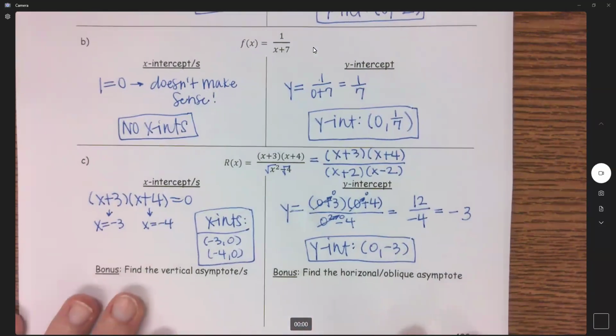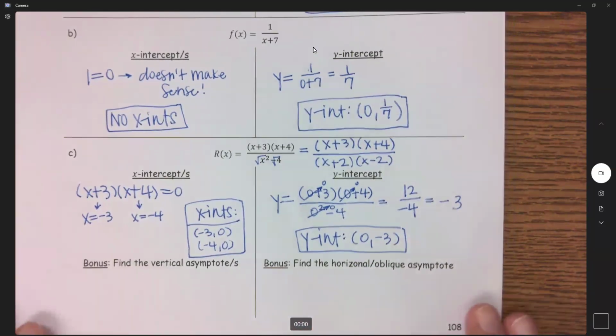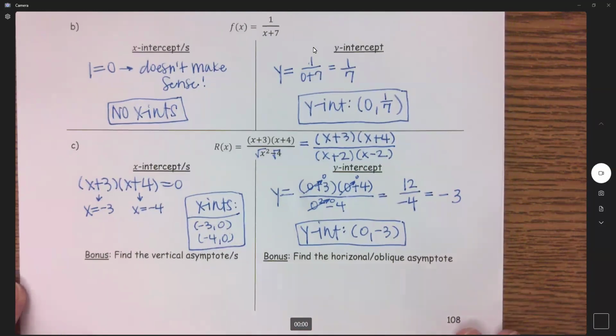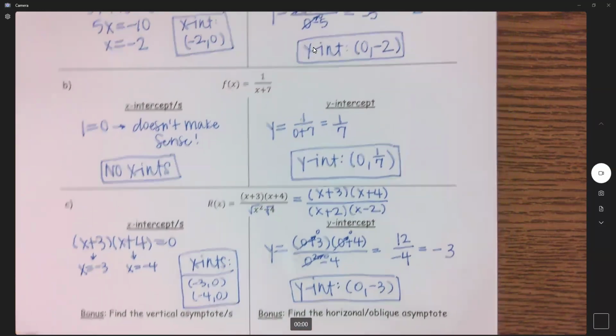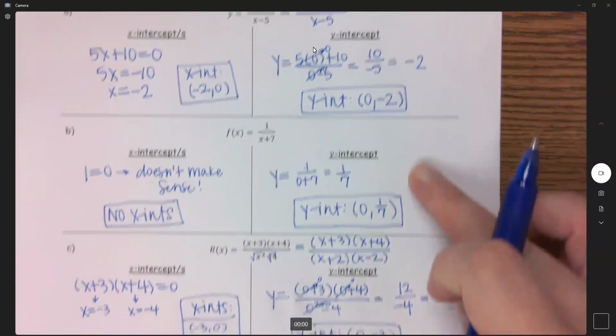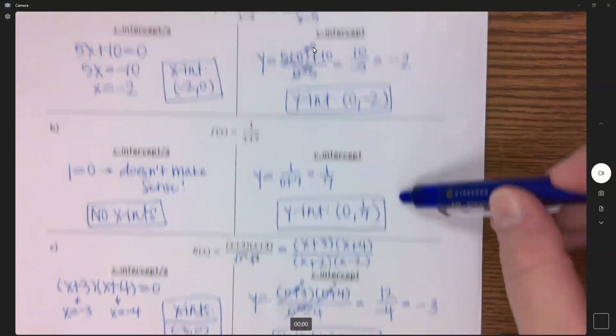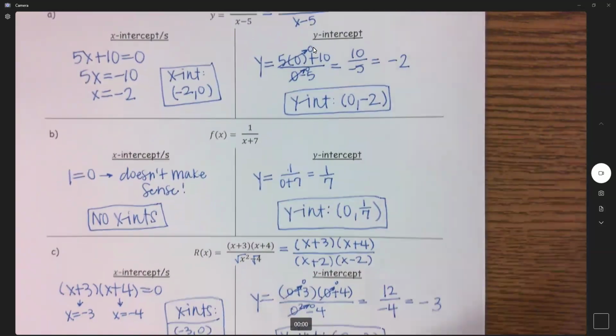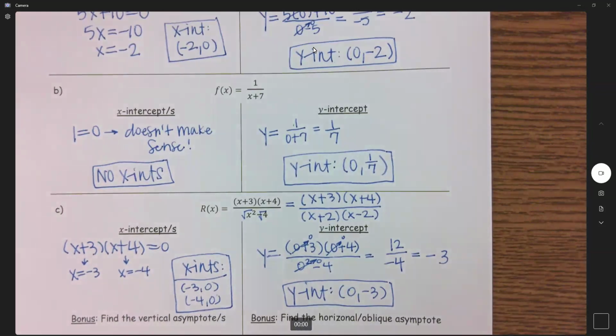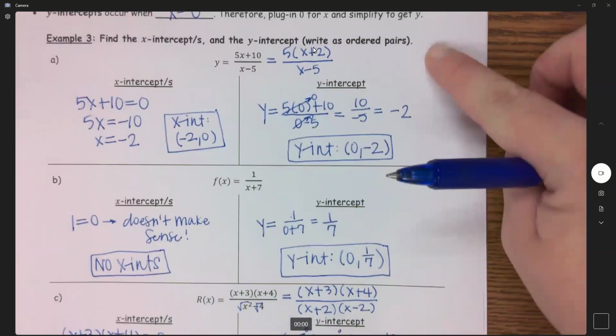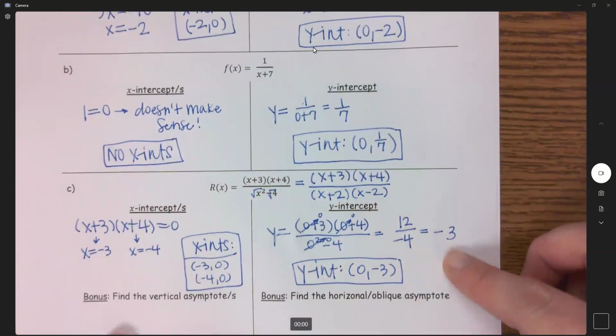Now I have some bonus questions here on C, but before we get to those bonus, I do want you to kind of notice the pattern that happened here. On all of these, we had one y-intercept every single time because this is a function. We will have a y-intercept unless I have a vertical asymptote along the y-axis. Okay, but every other time, we have a y-intercept.